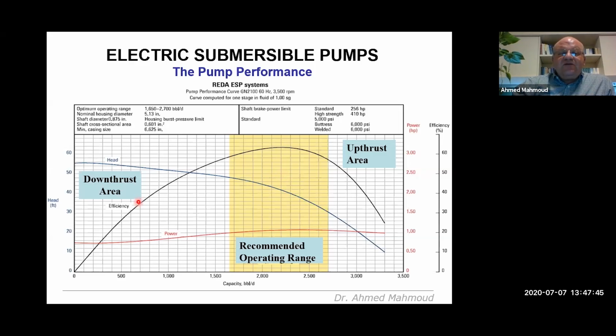If you're operating within what's called the down thrust area, then first of all you're going to get less head, less power, and much less efficiency. The same applies if you're in the up thrust area.